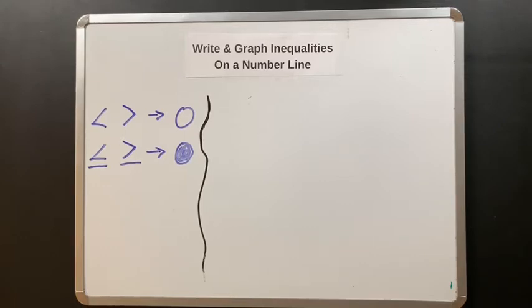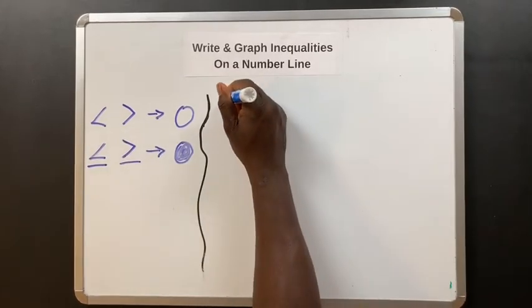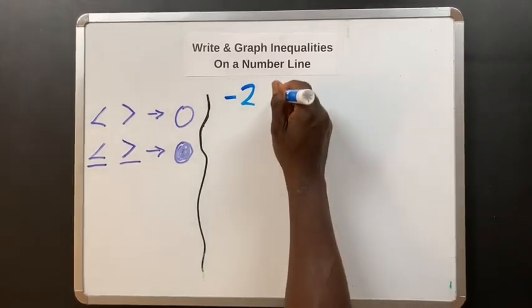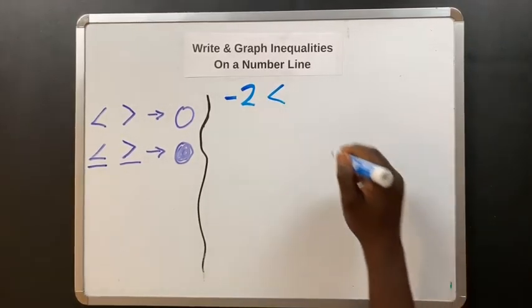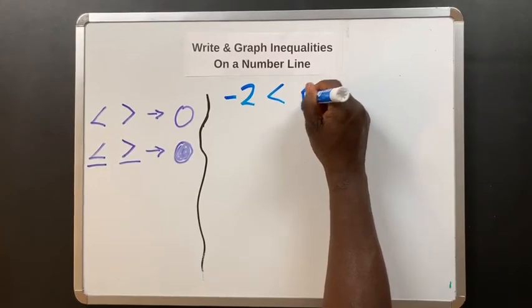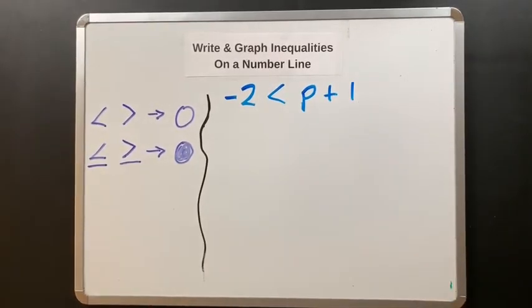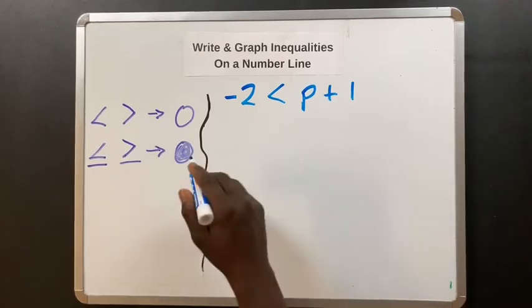Let's say you have -2 less than p plus 1. Sometimes they give it to you and they write it this way. I say just rewrite it where you put the variable on the left side.